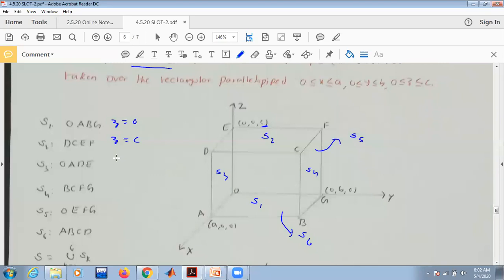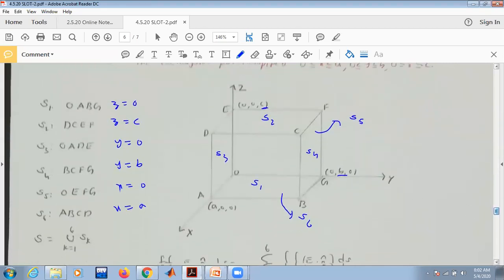Can you tell me? It is y equal to 0, and S4 is parallel to S3 at a distance of b units. Therefore, it is y equal to b, and S5 is part of the YZ plane. Therefore, it is x equal to 0, and S6 is parallel to S5. Therefore, it is x equal to a. So these are the six plane surface equations.